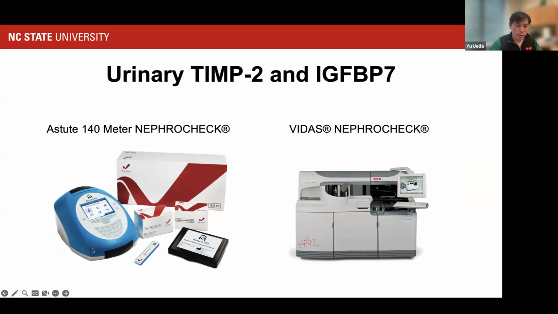This left one is more like the benchtop test. It's not made for point of care testing, but you can actually measure the molecules TIMP2 and IGF-BP7 within 20 minutes by the bedside. So it's kind of utilized as a point of care testing in human patients.